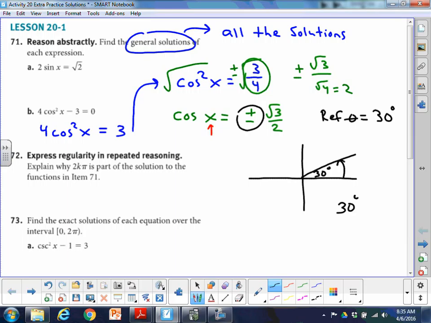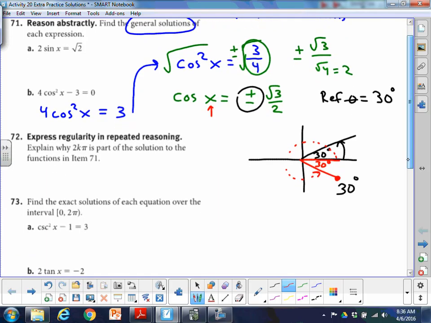So that's one solution, with a positive square root 3 over 2. The other place where it's positive is in quadrant 4, because cosine is an x value, and in quadrant 4 the x values are positive. If the reference angle there is 30 degrees, the question is how big is the entire angle? The rule for the fourth quadrant is always 360 minus 30. So 330 degrees is another answer.